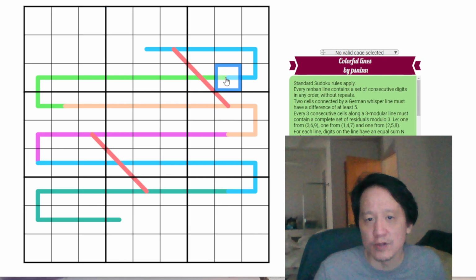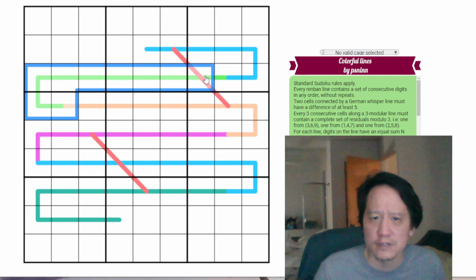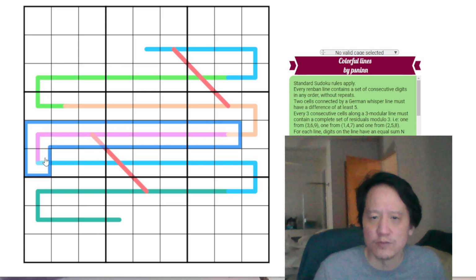For German whisper lines, for a cell on the line, its neighbors have to be at least 5 away from that German whisper line. And so this is the only German whisper one that I see. So this is the German whisper line, this green line. This purple line is the Renban line. So that's 2 of the lines.